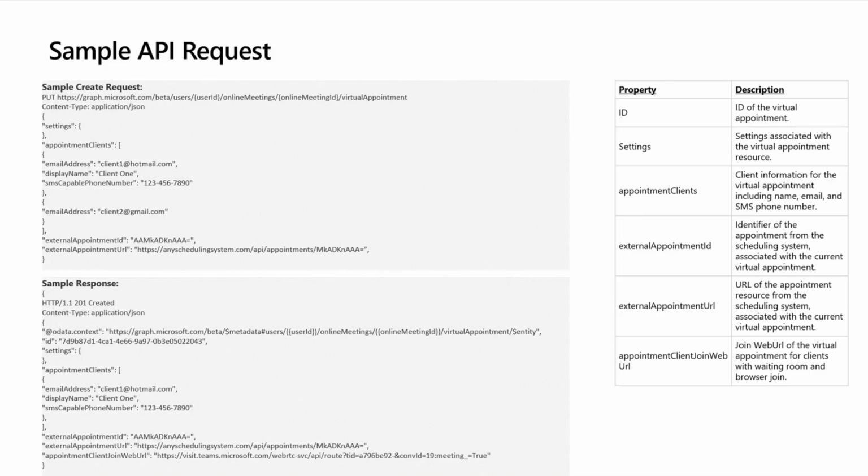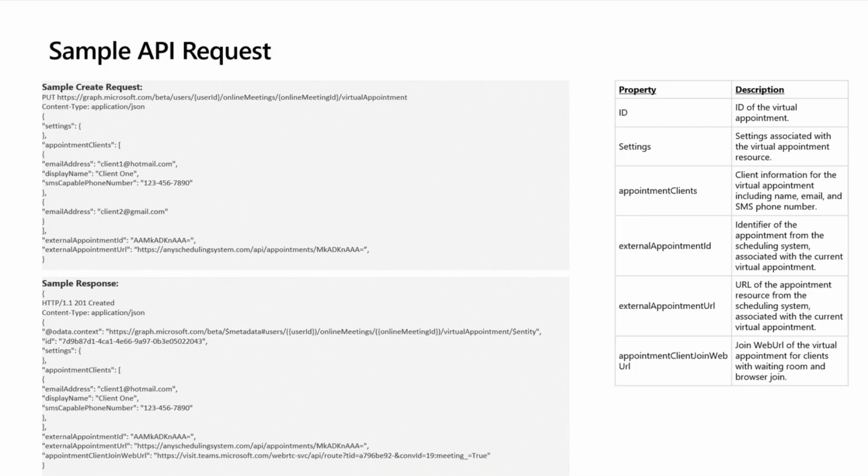This API is built on top of the online meeting API, if you folks are familiar with that. We're initially supporting delegated permissions. Once you pass us that online meeting ID, we create a new virtual appointment resource. Inside this virtual appointment resource, we store a bunch of new properties.